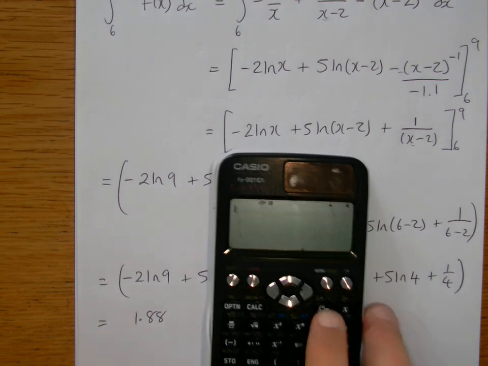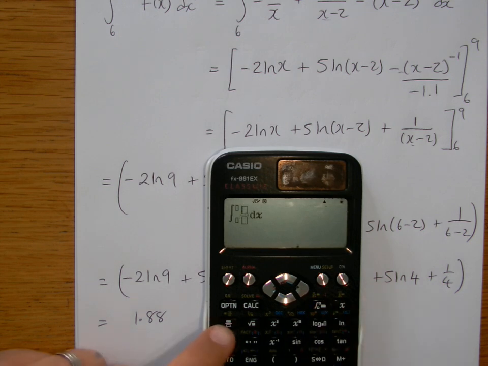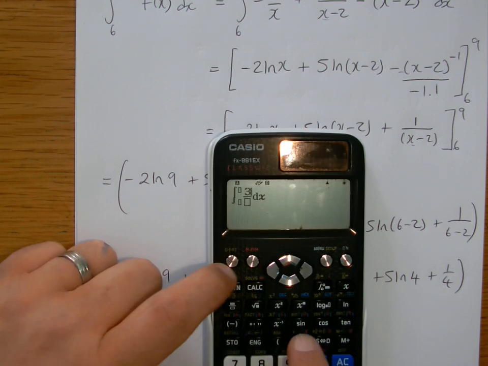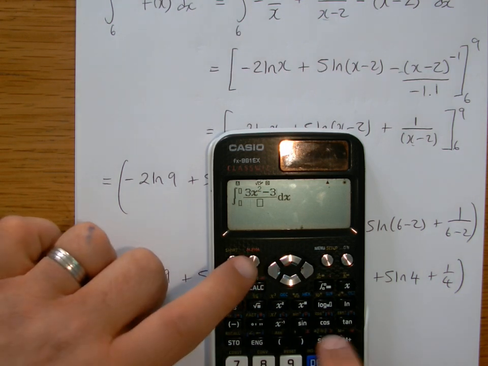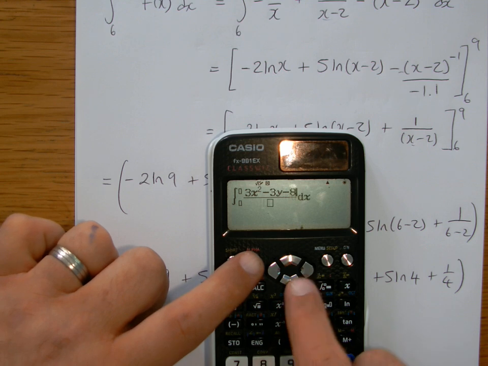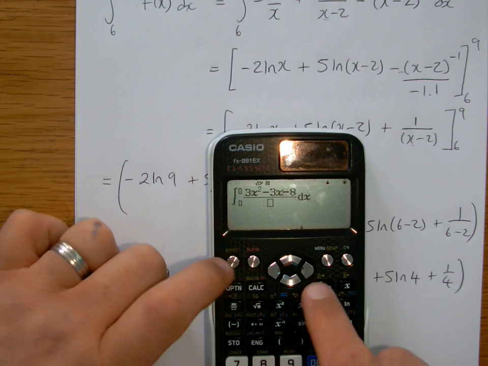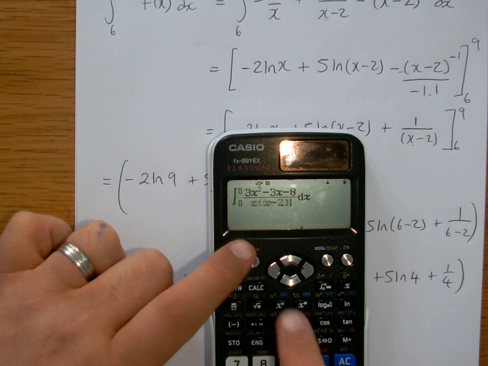You press the integral, so we're going to have a fraction. Let's type in the original question: 3 x squared minus 3x minus 8, and on the bottom, x bracket, x minus 2, close bracket, squared.